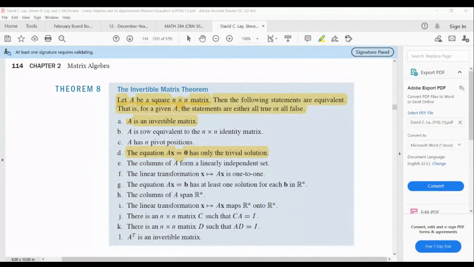Why does statement A imply statement D, and statement D imply statement A? So why is that true? You have your ebooks there, but let me go to the whiteboard for a moment.